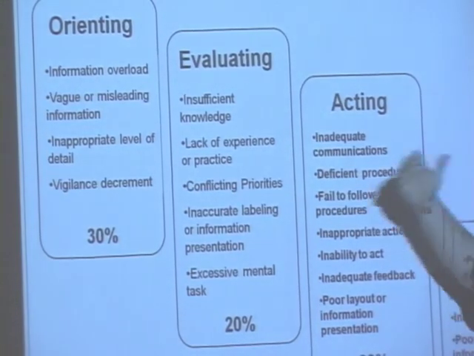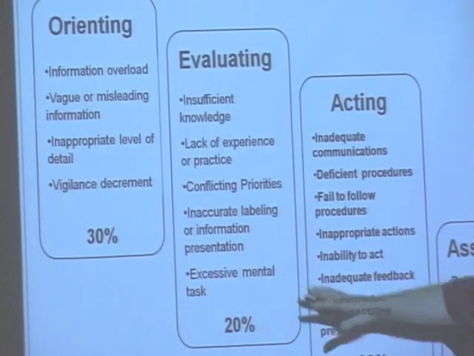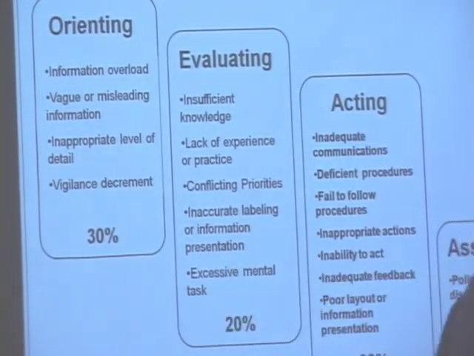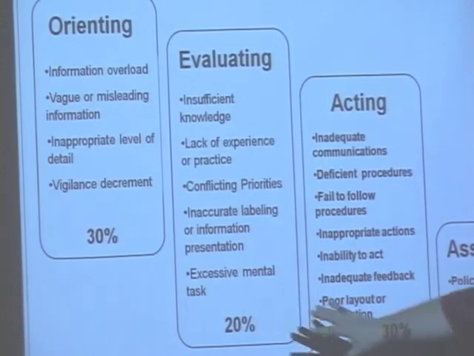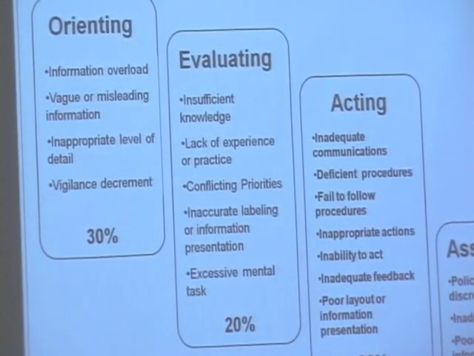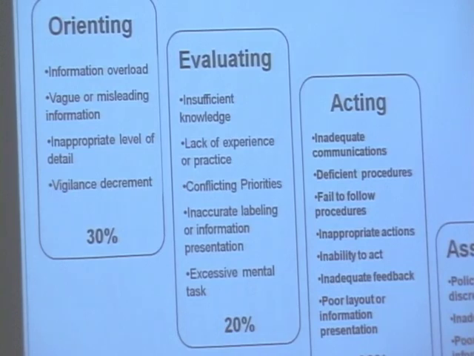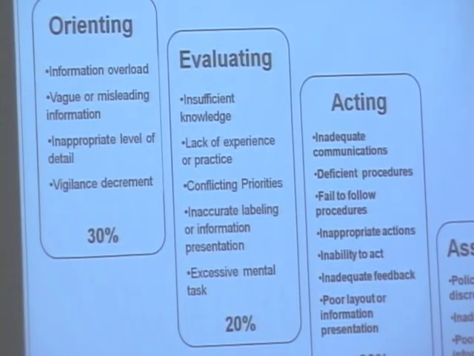Conflicting priorities, inaccurate labeling and information presentation. And the other one is excessive mental tasks. If we add these two together, 50% of the time, before an operator ever takes an action, we failed. That's not a good situation to be in. So we have a problem today with situation awareness that we've got to address.